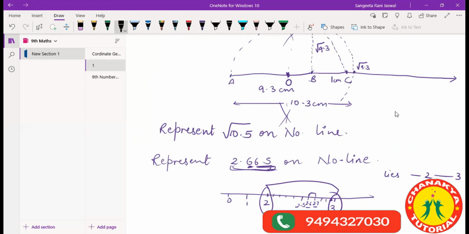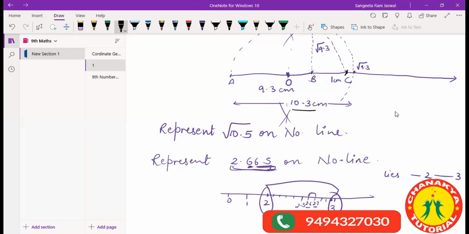First, to make 9.3, whatever number it is, not only 9.3, this was just an example taken from your book. See, you make a length of 9.3 centimeter first, A to B, then extend it by 1 unit. Okay? Now your complete length is 10.3, right?